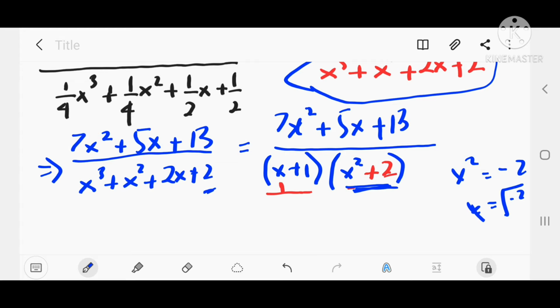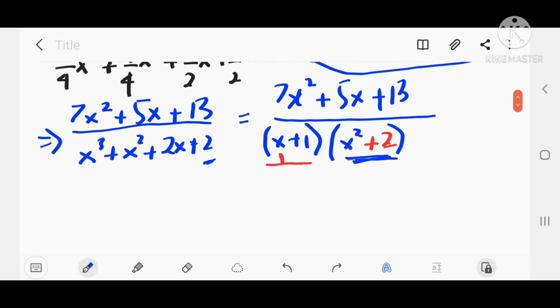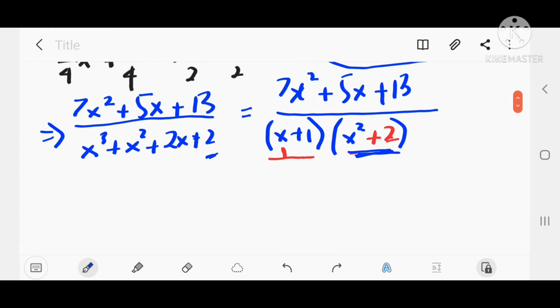So that is why we cannot factorize it. So what we do is we apply the linear approach to express it in partial fraction form.